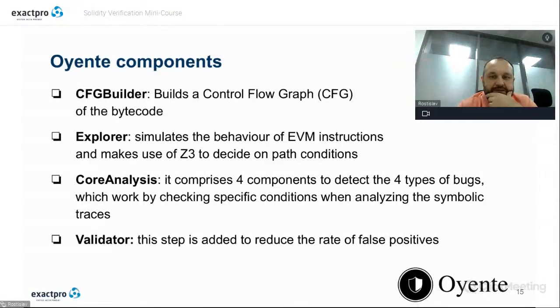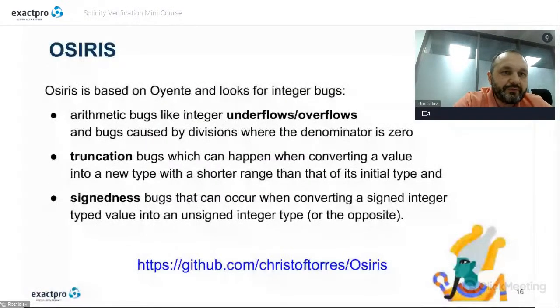Okay, this is exactly what we have in Agent. And then there is another tool, which is kind of built on this, the first one. Again, you have access to the source code on GitHub because it's open source. And as you see, this tool is focused on different bugs, which are arithmetic bugs, like underflow or overflow, truncation, and bugs related to signed and unsigned types of integers.